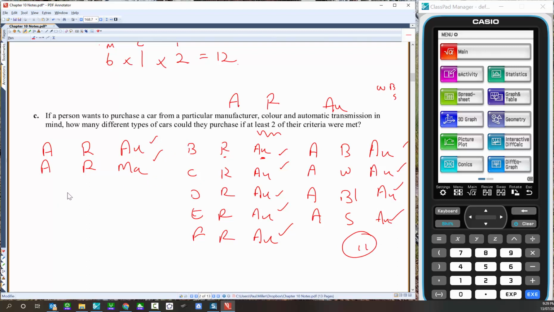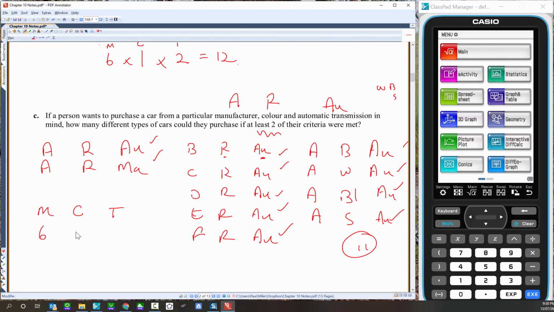Now, I remember a couple of years ago, I taught the problem by just simply going, all right, at least 2 of the criteria means if we've got a manufacturer, a color, and a transmission, then there's 6 different manufacturers.